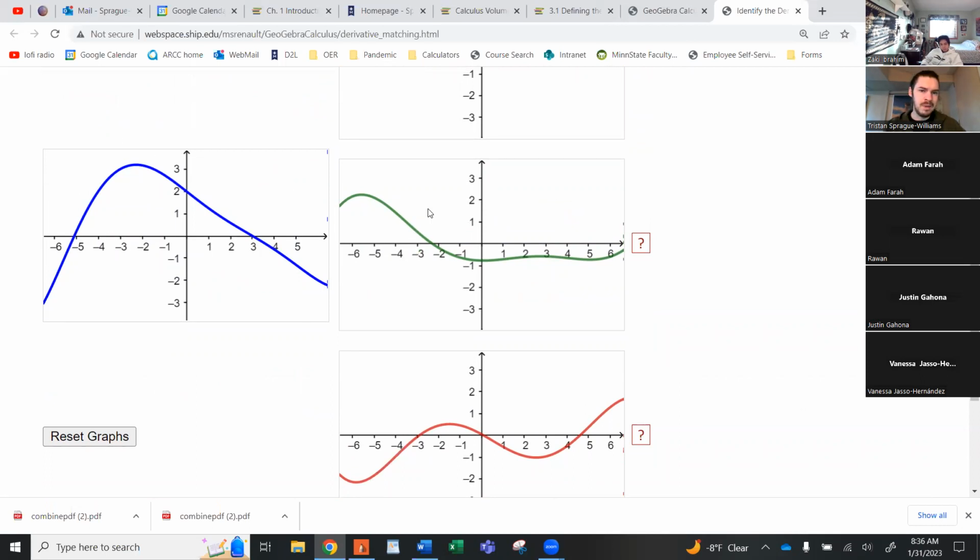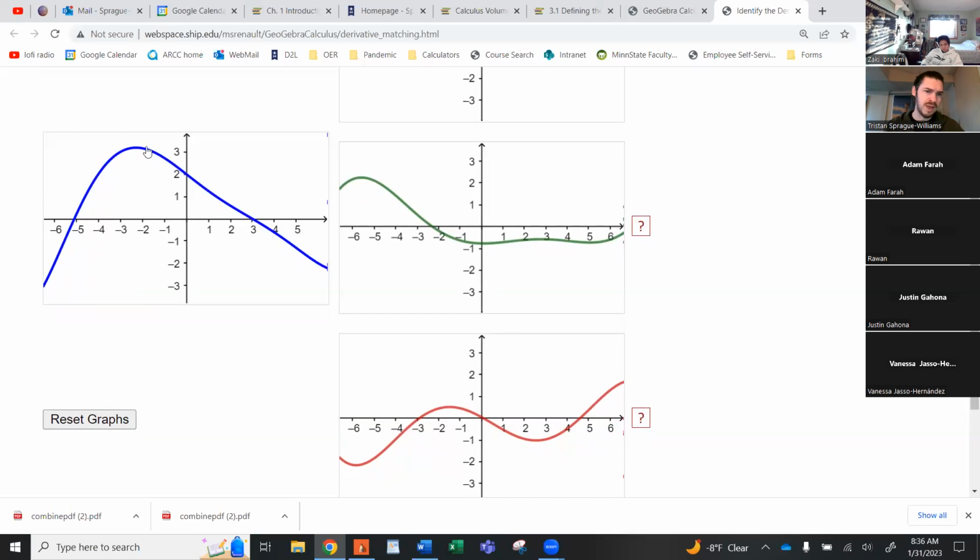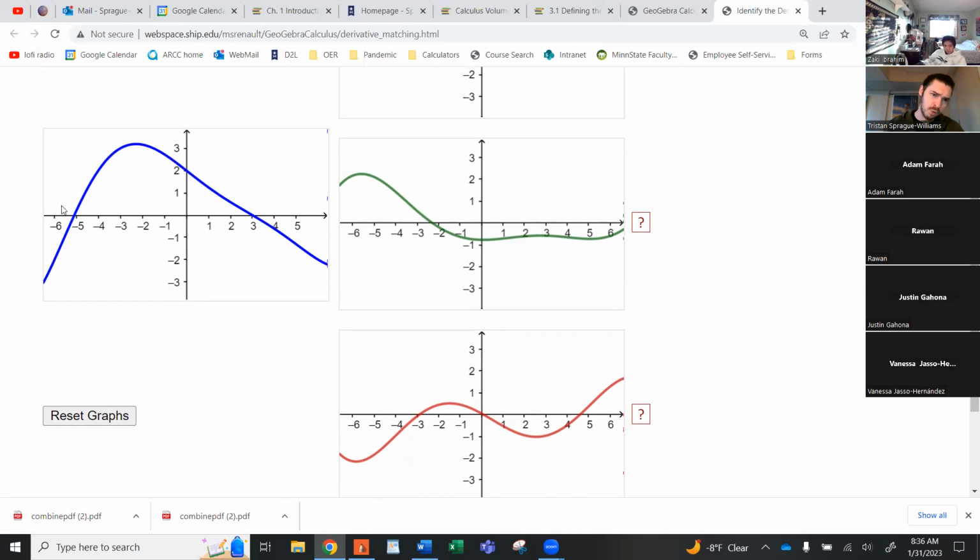And the original function, if we look to the left of that point where there should be a horizontal tangent line, on this portion to the left of -3, this graph is going up, right? The slopes of the tangent lines on this portion of the graph would be positive. So the derivative graph should be positive. It should be above the x-axis.